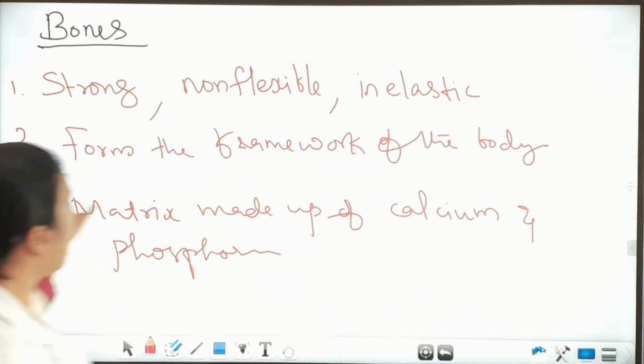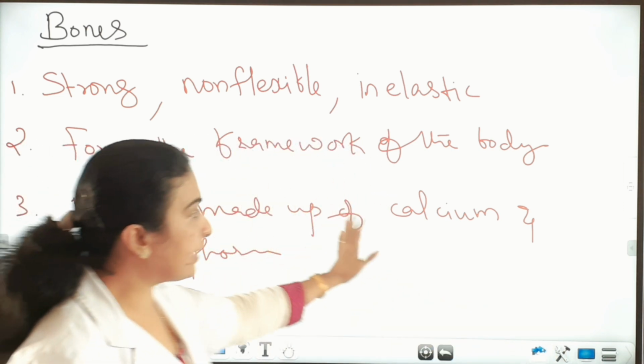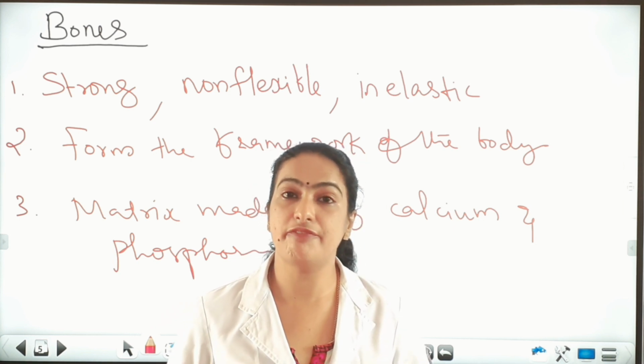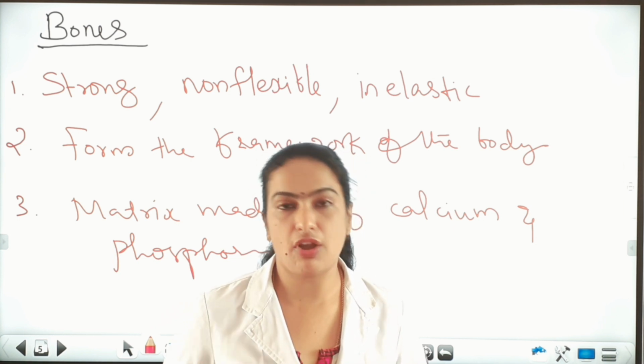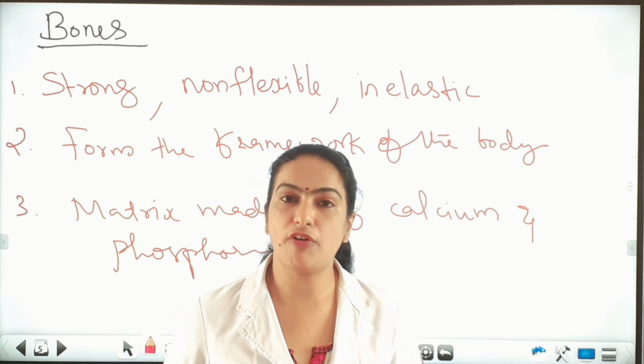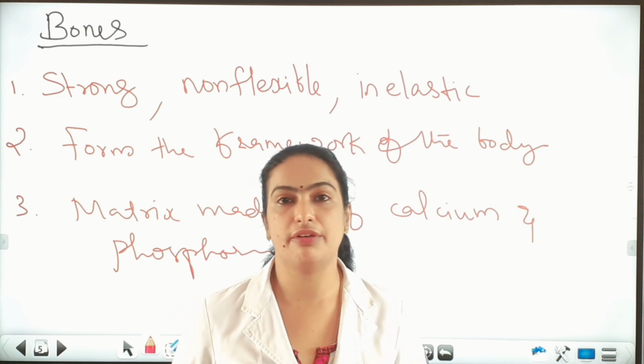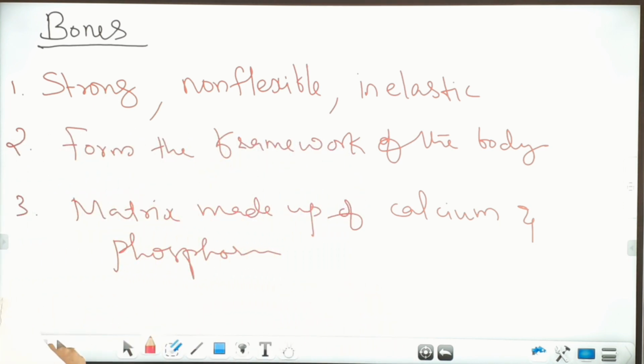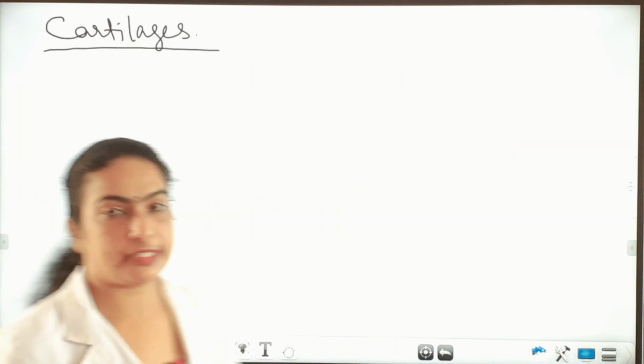Here, the bones are embedded in the matrix, and that matrix is made up of calcium and phosphorus. That's why they are very strong and non-flexible. And that forms the framework or skeleton of our body. So clear about bones?